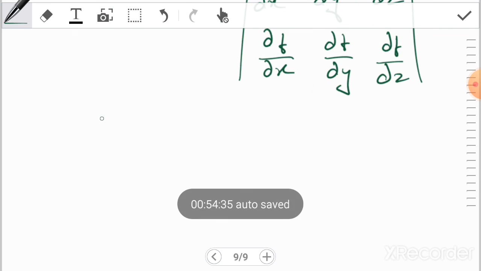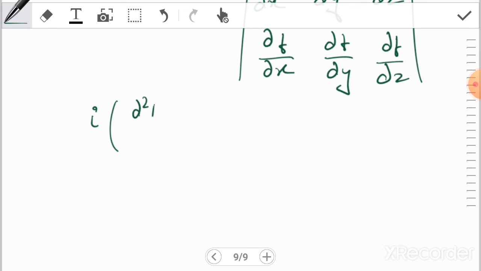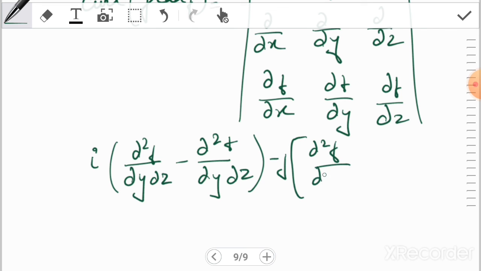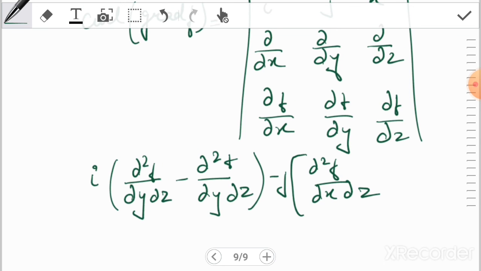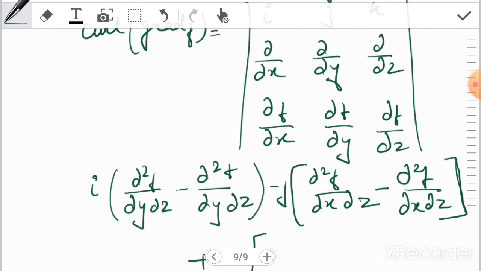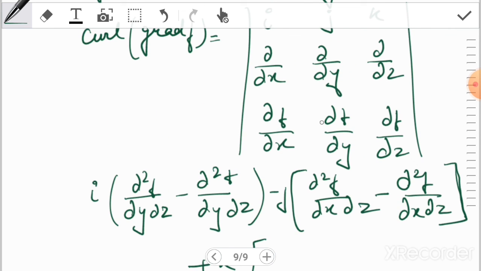Simplifying, i times del square f by del y del z minus del square f by del y del z, minus j times del square f by del x del z minus del square f by del x del z, plus k times del square f by del x del y minus del square f by del x del y.